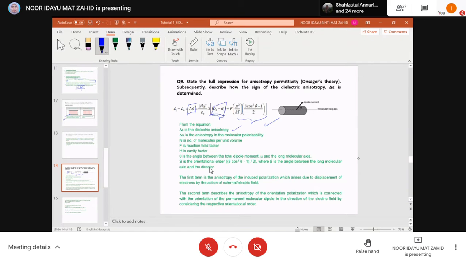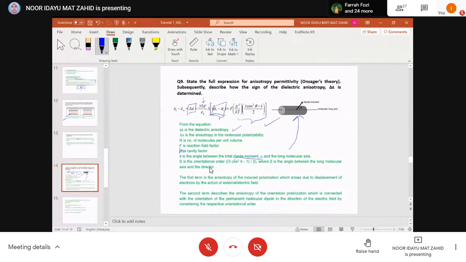Delta alpha is the anisotropy in the molecular polarizability, N is the number of molecules per unit volume, F is the reaction field factor, h is the cavity factor, and theta is the angle between the total dipole moment, mu, and the long molecular axis, as represented by this diagram.